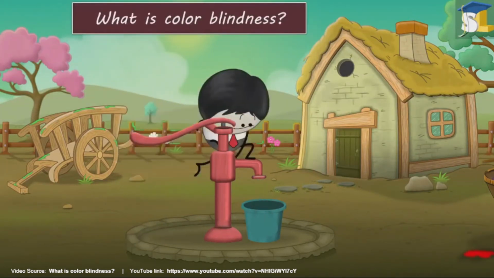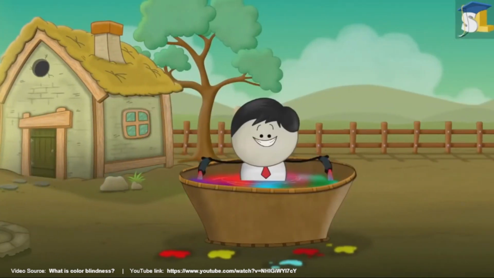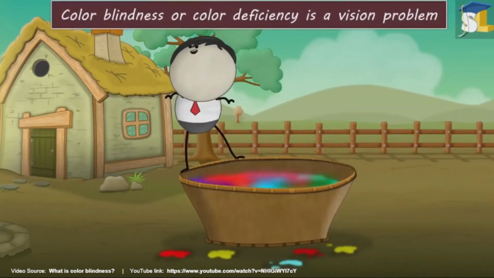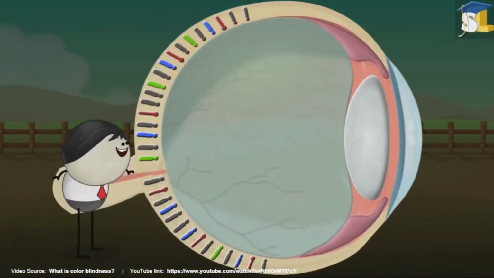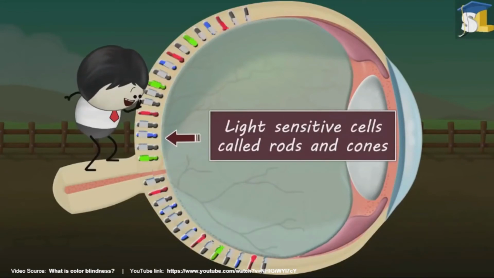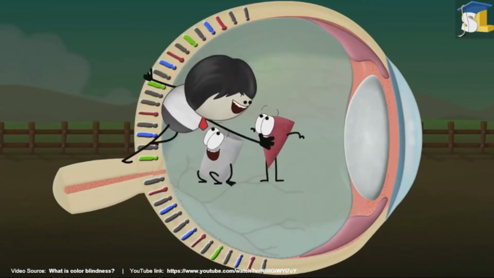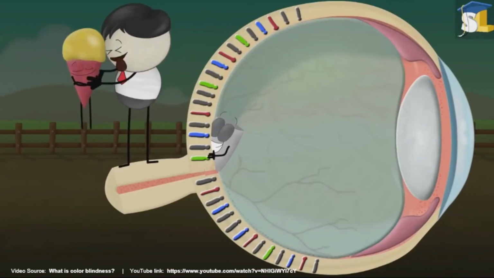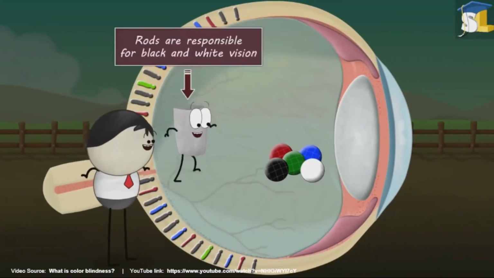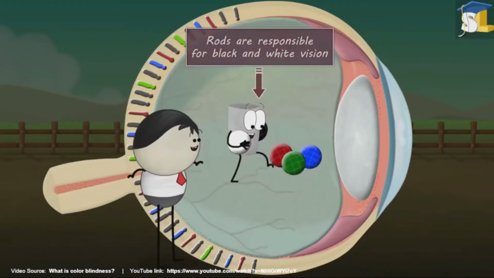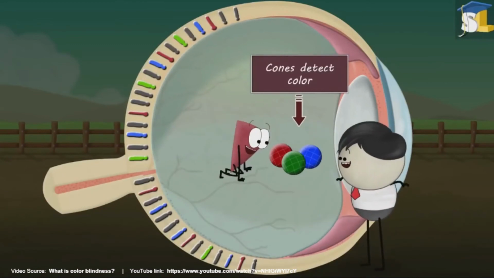What is color blindness? A color festival. No. Color blindness or color deficiency is a vision problem. Now, our eyes have light-sensitive cells called rods and cones. Can I put ice cream on these cones? Oh, you are just unbelievable. Rods are responsible for black and white vision. They do not detect color, whereas cones detect color.